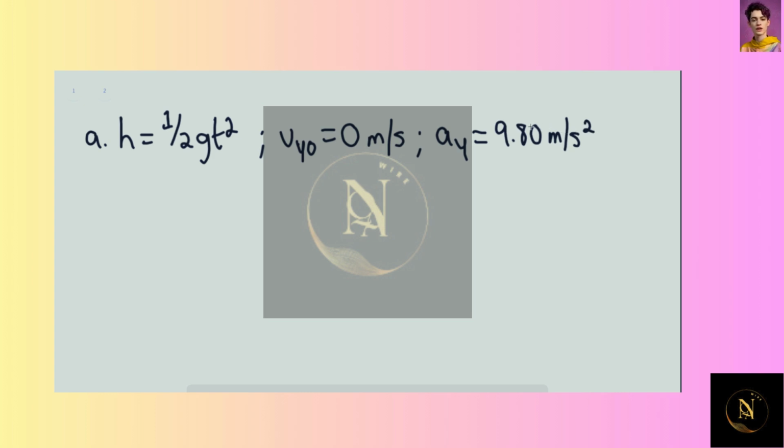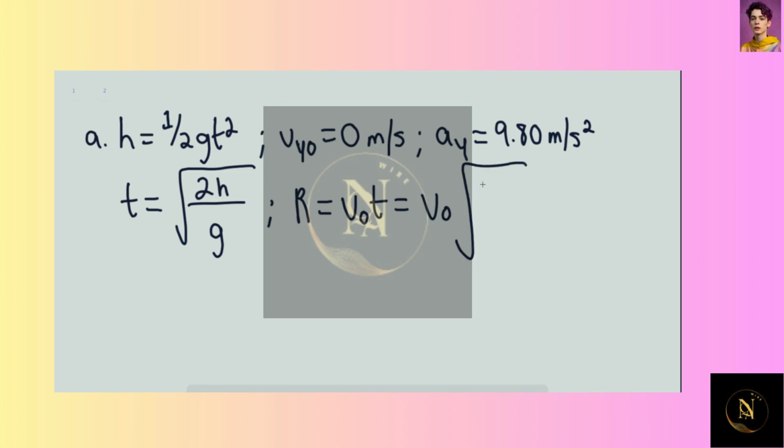We're going to do this at different heights. So we can say that t equals the square root of 2 times the height divided by g. In this case, the range would be given by v initial times t, which equals v initial multiplied by the square root of 2h over g.